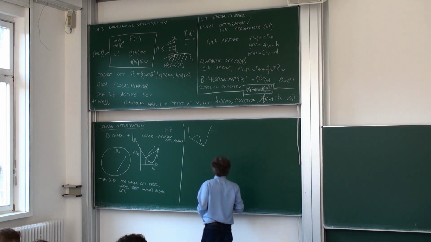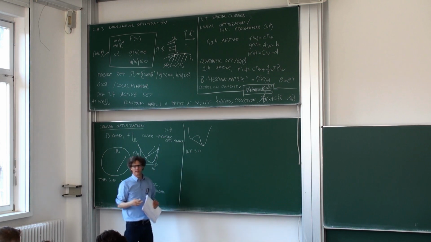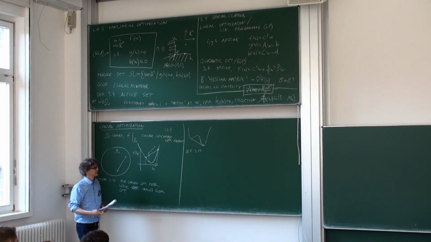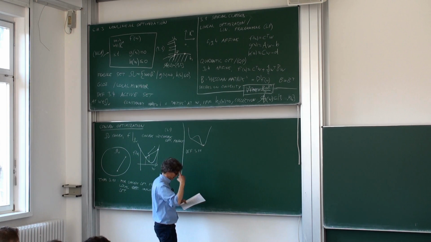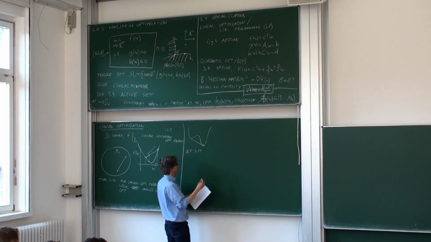I will very often use a symbol, so that's definition 3.11. That is customary in the field of optimization, and is sometimes even used to define optimization problems, but that's not what I will usually do.